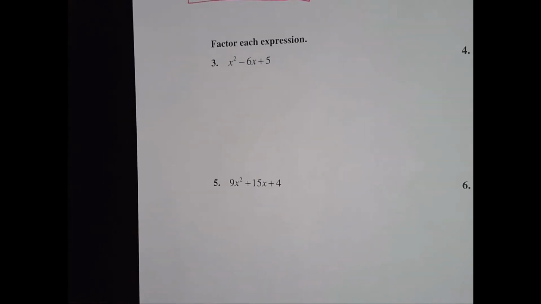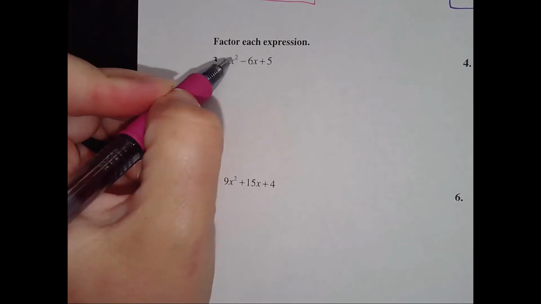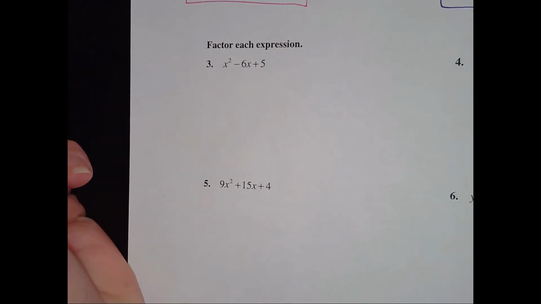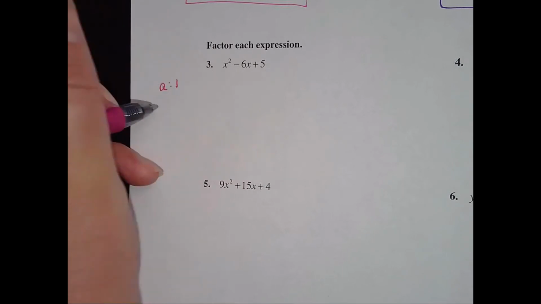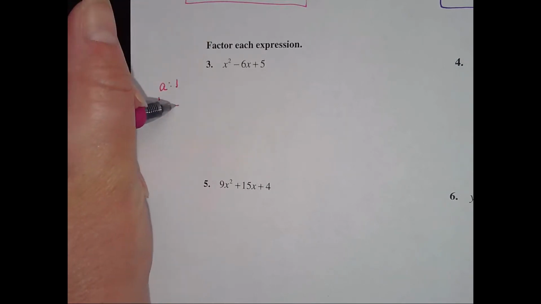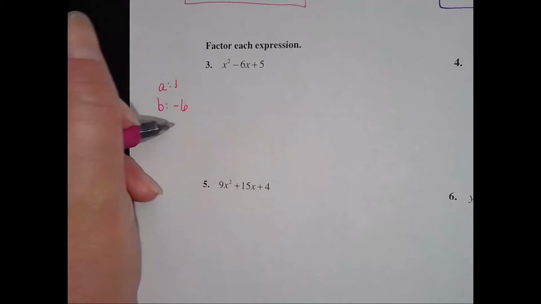Number 3. Now we actually are factoring. So when we get to these quadratics, anytime you have a square, that's going to be your red flag that you start with the ABC. And you're going to want to follow those steps. So A in this case is 1, B is negative 6, and C is 5.